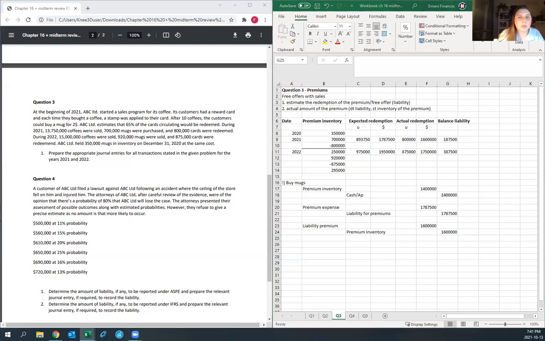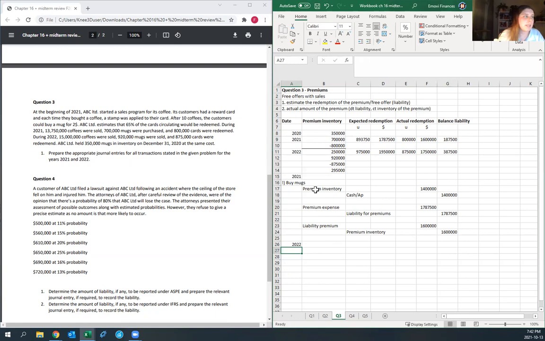So that's it for 2021. Basically what it does is that it increases and then it decreases your liability premium. So it gives you a balance on December 31st, 2021 of $187,000.